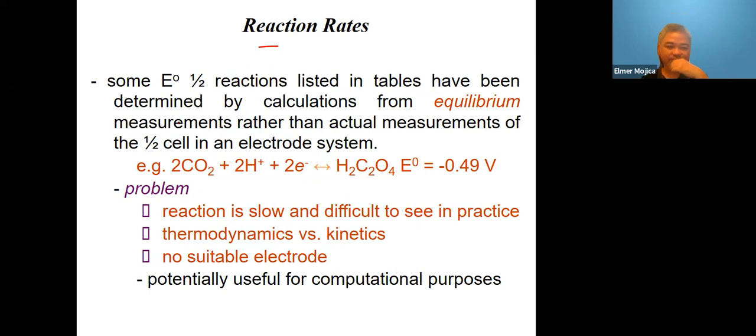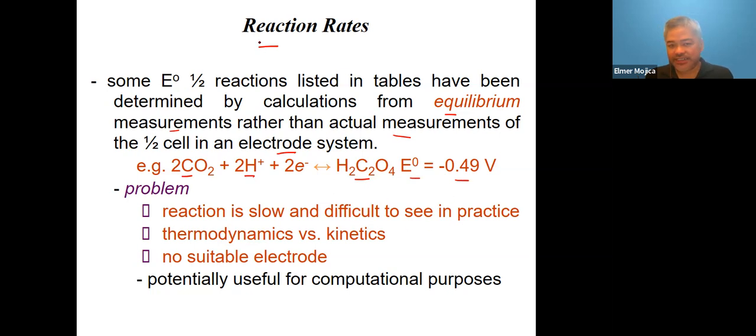Now, some of the cell potential half reactions listed in the table have been determined by calculations from equilibrium measurements rather than actual measurements of the half cell reaction in an electrode system. So for instance here, carbon dioxide reacting with hydrogen ion producing oxalic acid, its cell potential is equal to negative 0.49.